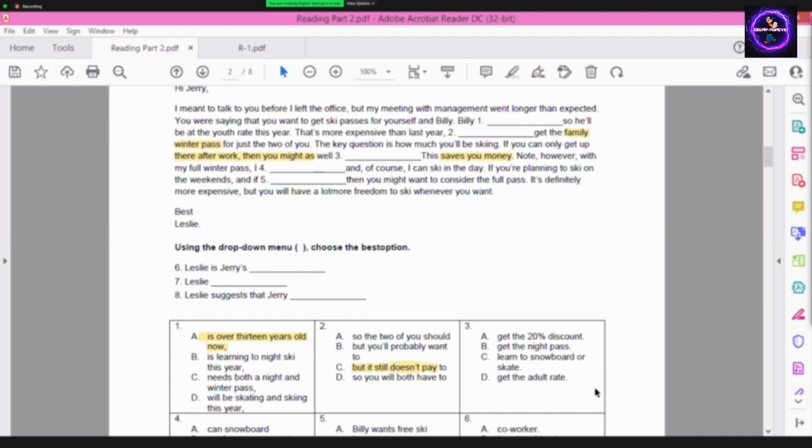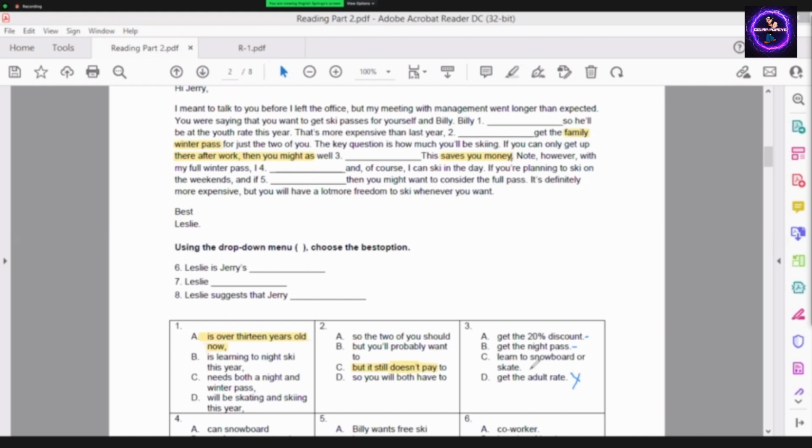I'm thinking B, because if it's after work, that means it's post evening, so probably the night pass. Getting the adult rate will not make any sense, because Billy is youth.